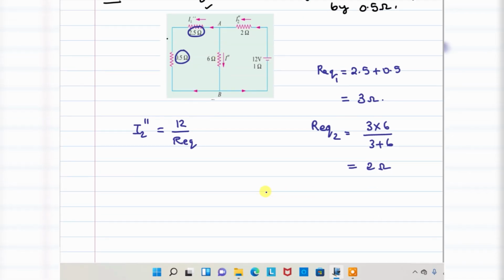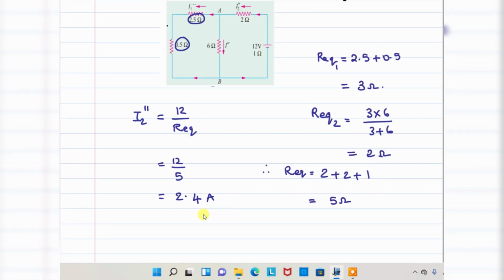Therefore R equivalent is equal to 2 plus this 1, the internal resistance 1, that is equivalent to 5 ohms. So here 12 divided by 5 is equivalent to 2.4 amperes.